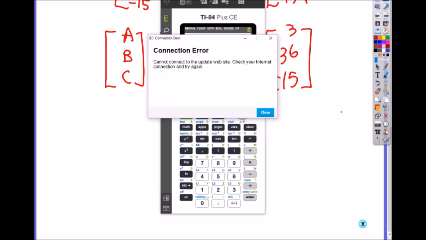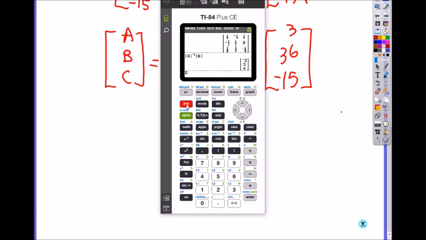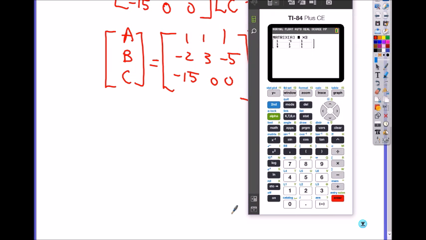So you go to second matrix, edit, 3 by 3. Try it, guys. Don't just copy it down. Try it. So it's 1, 1, 1, negative 2, 3, and negative 5, negative 15, 0, 0.